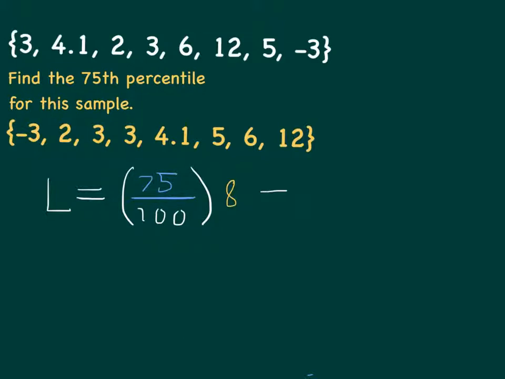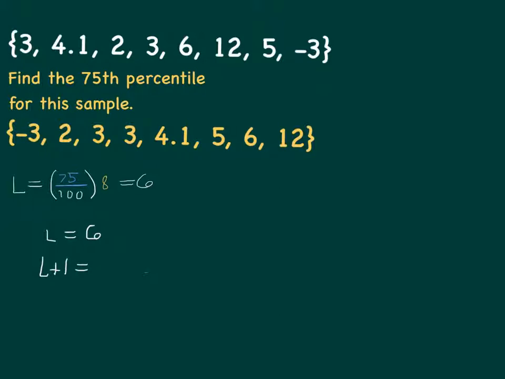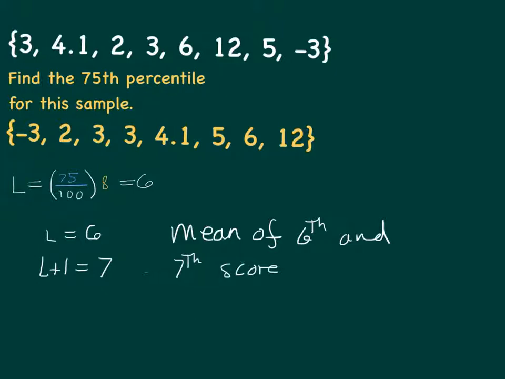So our computed L value ends up equaling 6. With an L value of 6, we check, is this a whole number? It is a whole number. So we look at L and L plus 1. L plus 1 is, of course, 7. So we want to find the mean of the 6th and 7th scores in the sorted list.